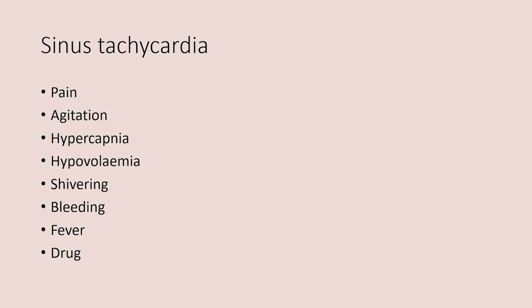And other problems of the cardiovascular system would be sinus tachycardia, which could be due to pain, agitation, hypercapnia, hypovolemia, shivering, bleeding, fever, or drugs. And we need to examine the child carefully to know what is the actual cause for the sinus tachycardia.